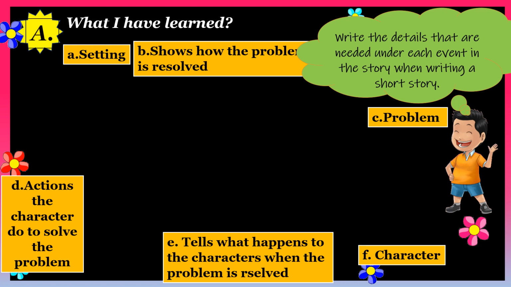D. Actions the character do to solve the problem. E. Tells what happens to the characters when the problem is resolved. Oh, class, I'm sorry. This is supposed to be resolved. Resolved. All right. And letter F is character.